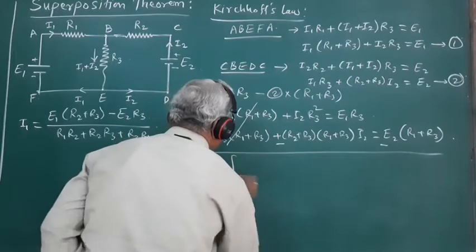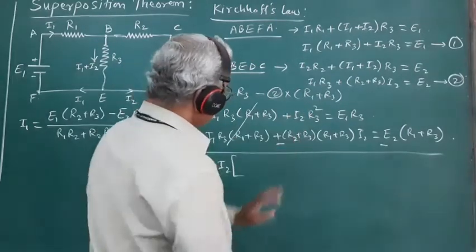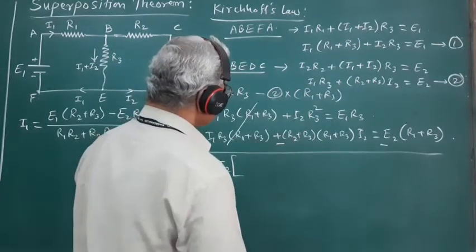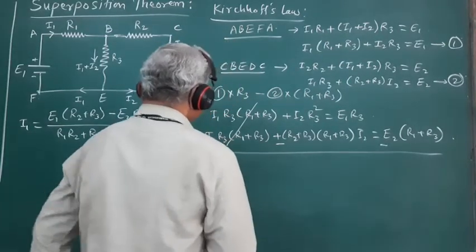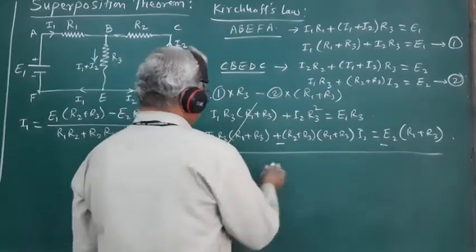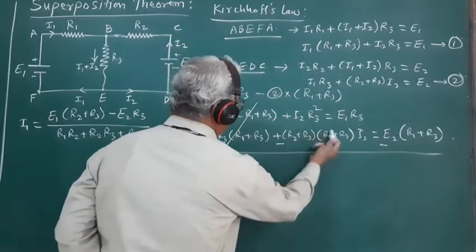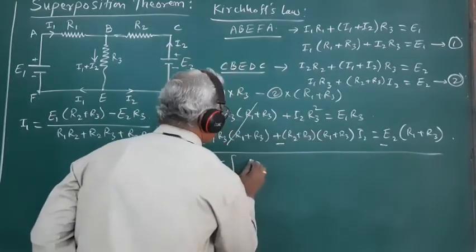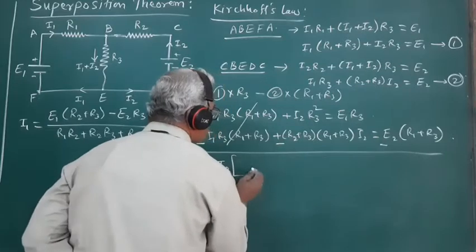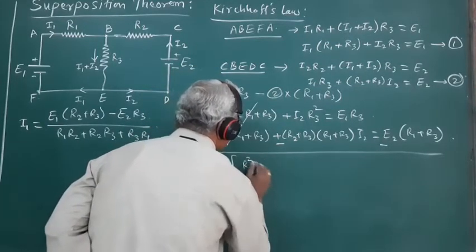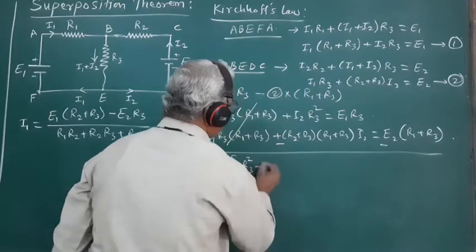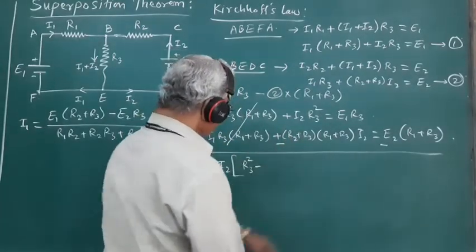I2 into bracket. If we take I2 common from these two terms into bracket, it is R3 square minus, every term will be negative.